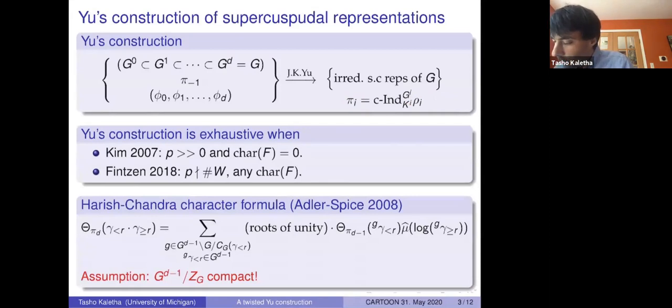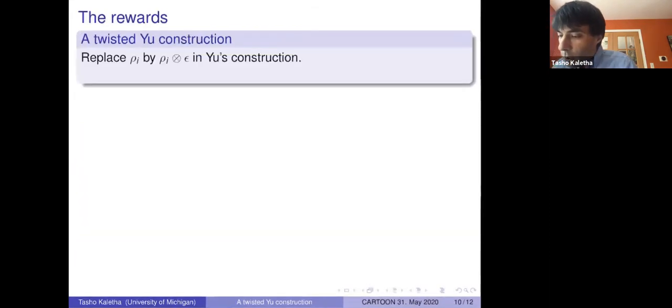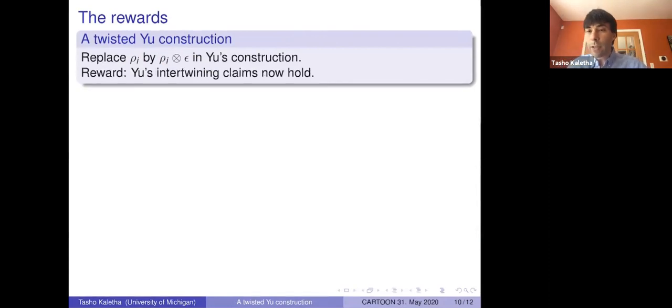And what you can do now is you can just twist the representation rho by this sign character before compact induction. So this gives a modification of Yu's construction, and the reward you get from that is that the intertwining claim that used to be false is now true.